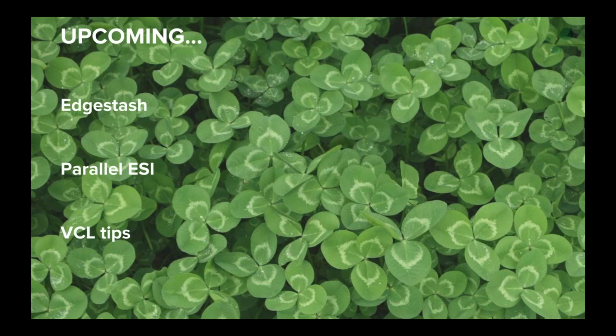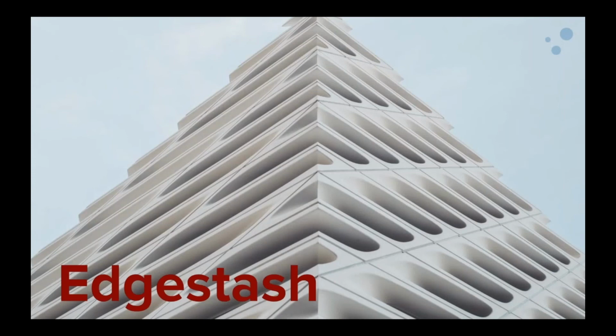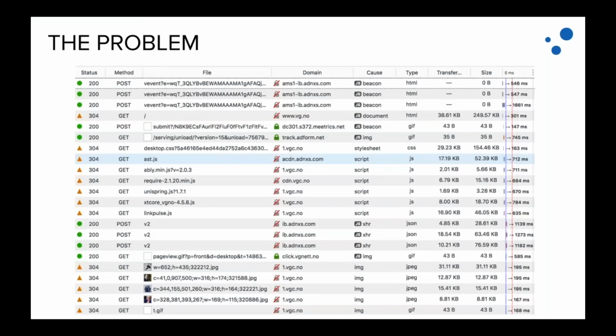So, Edgestash. First of all, before I introduce Edgestash, let's address the problem. Whenever a user or a browser makes a request to a web server, that request will obviously trigger a few round trips before it's fully fulfilled.